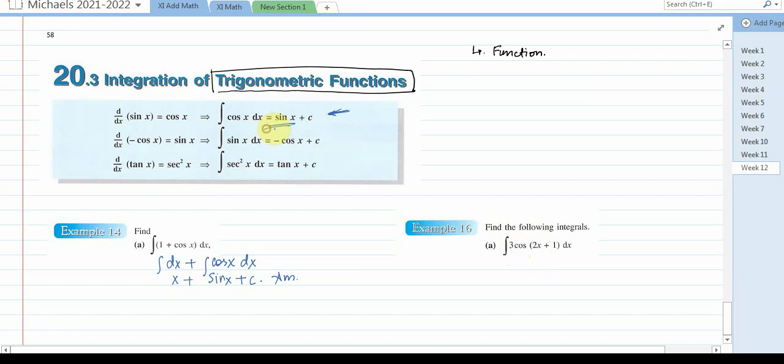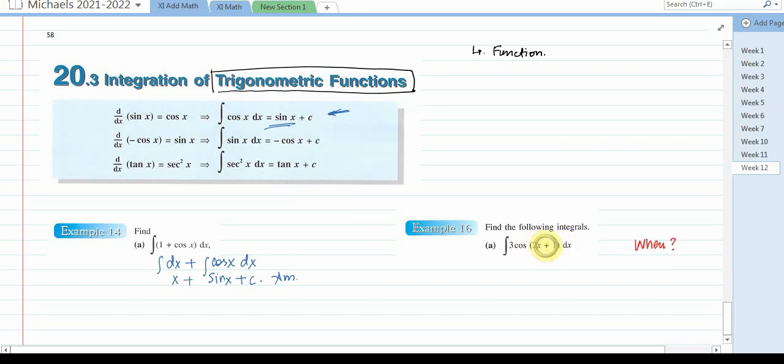Again, in this identity we know that the integral of cos is sine, but the question arises when we can apply it. The answer is when the derivative of the angle is written right next to it.